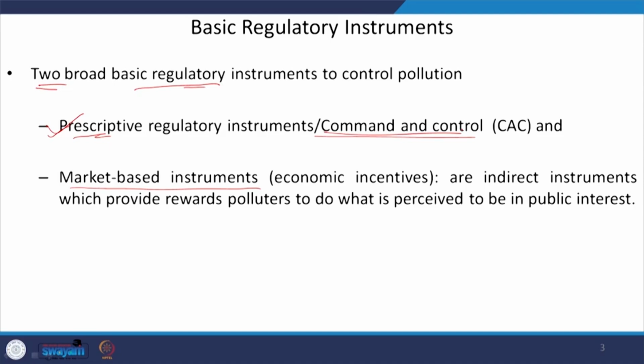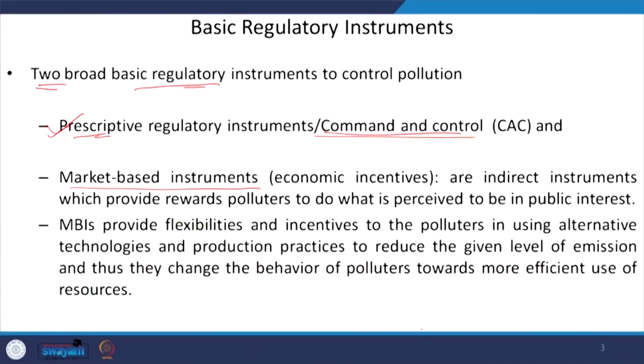But in the case of market based instruments, this approach is not followed. Here the regulator is adopting some kind of indirect instruments, right. So, these instruments provide the polluter a kind of incentive to control the pollution itself.